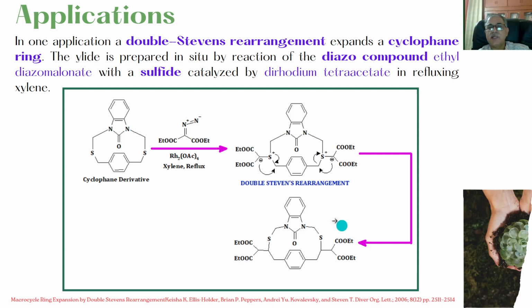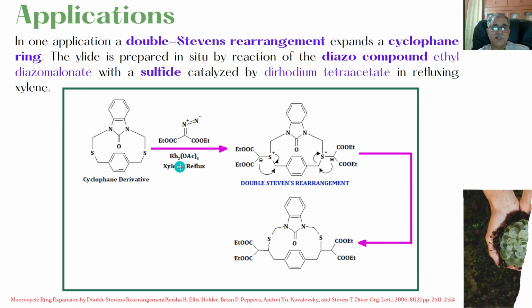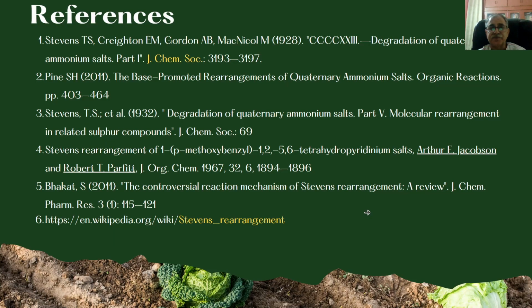And this reaction is catalyzed by dirhodium tetraacetate in refluxing benzene. So the mechanism of the reaction is the same as we have seen in the case of quaternary ammonium salts.